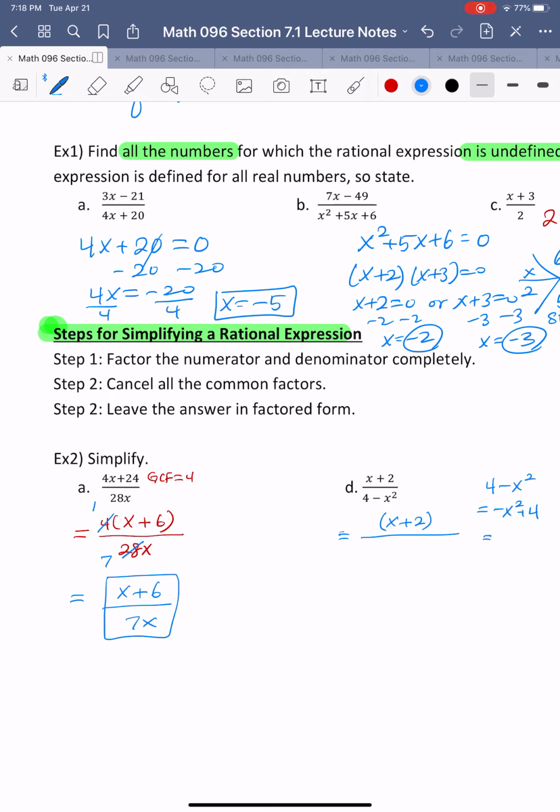If you factor out the negative, you get x squared minus 4, which is factorable because it's a difference of two squares. So it becomes x plus 2 times x minus 2, with a negative. Then I see the common factor, which cancels. Nothing left means you can put 1, with a negative, over x minus 2. This is a better way to write the answer.